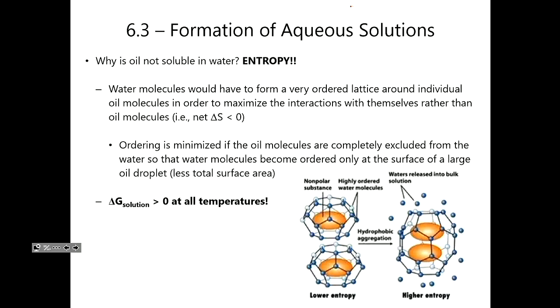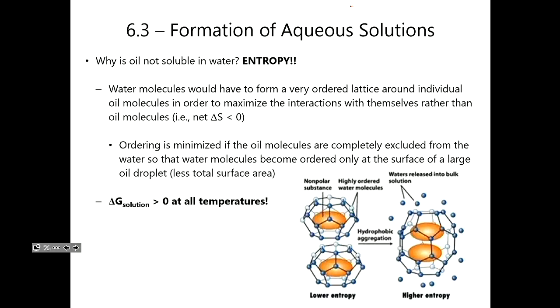So in order for individual oil molecules to dissolve, because the water has zero attraction for the oil, the water molecules would have to be organized above and beyond normal, completely surrounding the individual oil particles and forming a cage around them so that the water molecules can interact not with the oil, for which they have no attraction to, but with themselves.